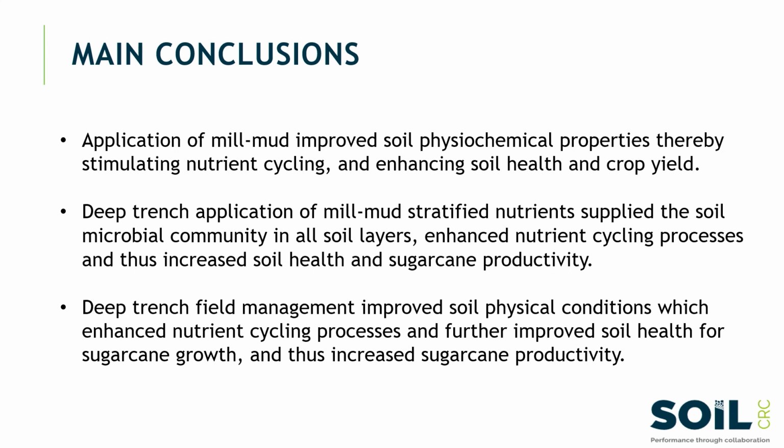Also, deep trench application of mill mud stratified the nutrient supply to the soil profile with the microbial community in all soil layers. And we found that deep trench field management improved soil physical conditions, which enhanced the nutrient cycling and further improved the soil health and the sugarcane growth.